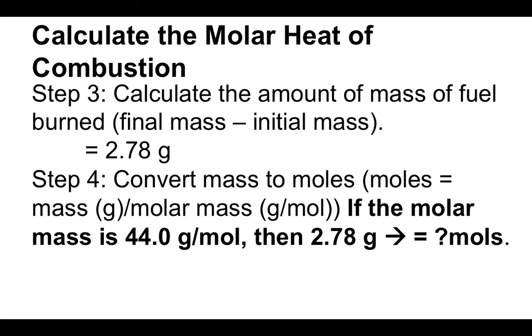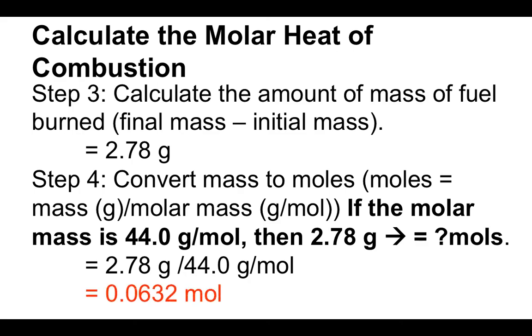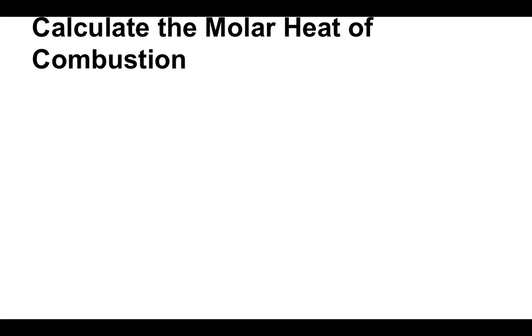So if our fuel has a molar mass of 44 grams per mole, then 2.78 grams equals how many moles? We're going to take 2.78 grams divided by 44 grams per mole, and we get 0.0632 moles.